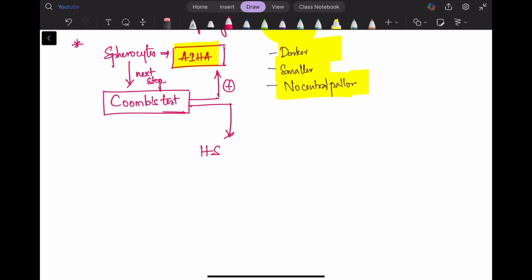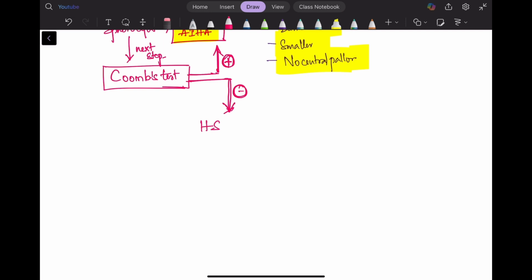Okay, then Coombs test, if it is positive, then it will be autoimmune hemolytic anemia. If not, we are near our topic diagnosis. Here we are studying spherocytosis, so we are diagnosing.